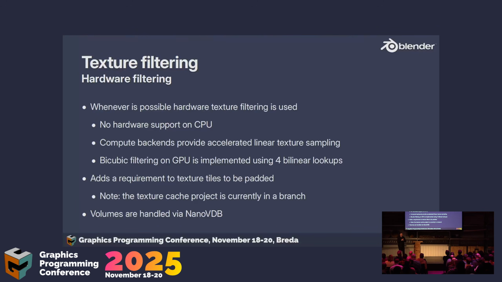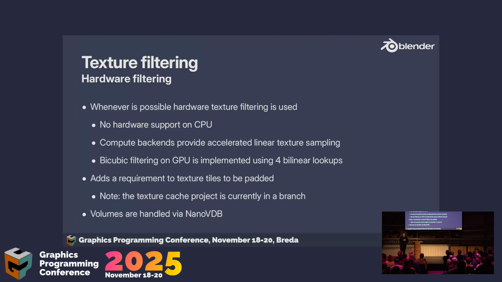All this adds restrictions to your tile cache implementation, which is currently work in progress in a branch, which means you need to pad the tiles with extra pixels around, which diverges a little from the more traditional TX format used by VFX people.